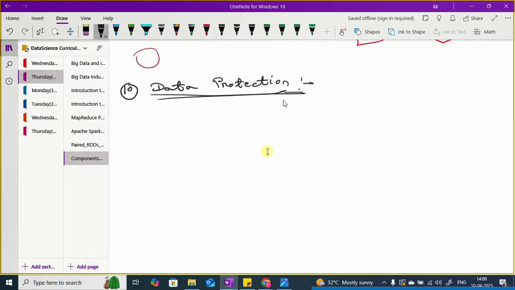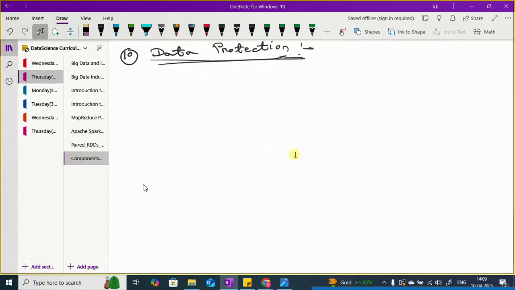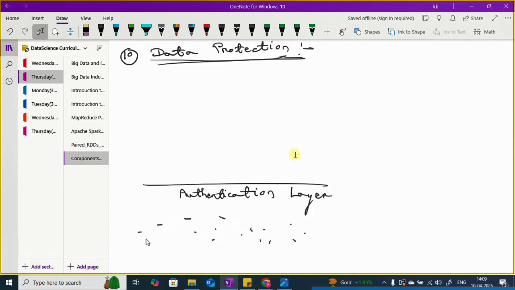How can we protect the data so that no fraudulent transaction or fraud, no one can hack our data? Basically, there are different layers we are implementing. There is something called authentication. Let's say this is my data, and this is my data authentication layer.